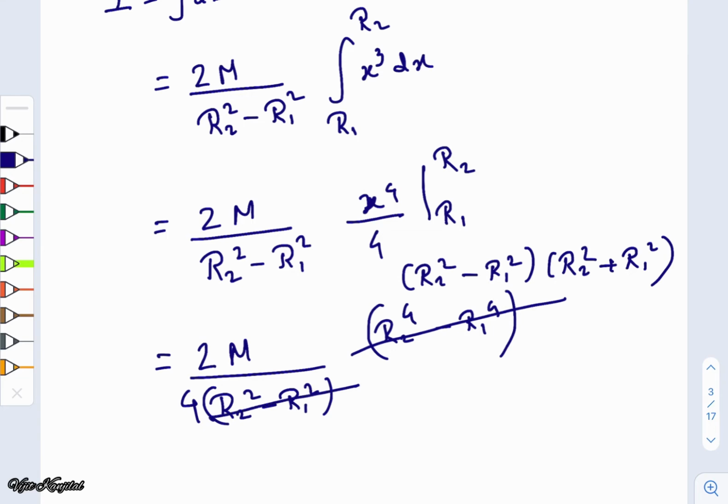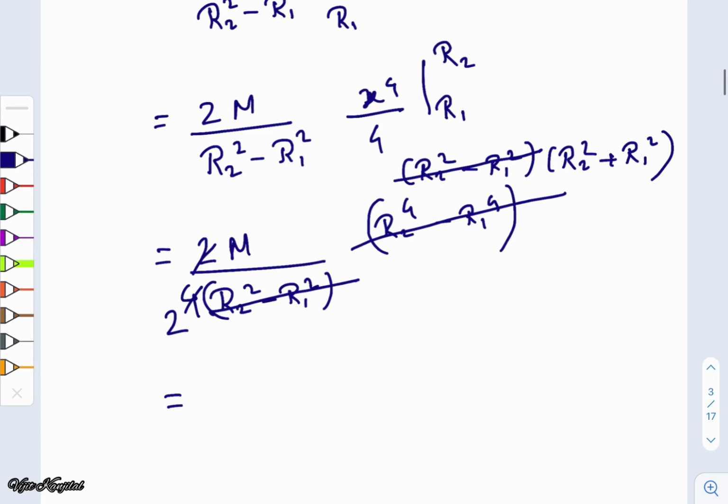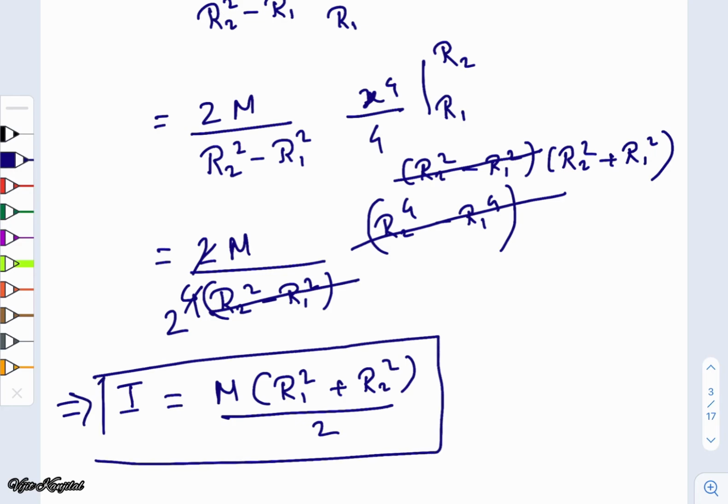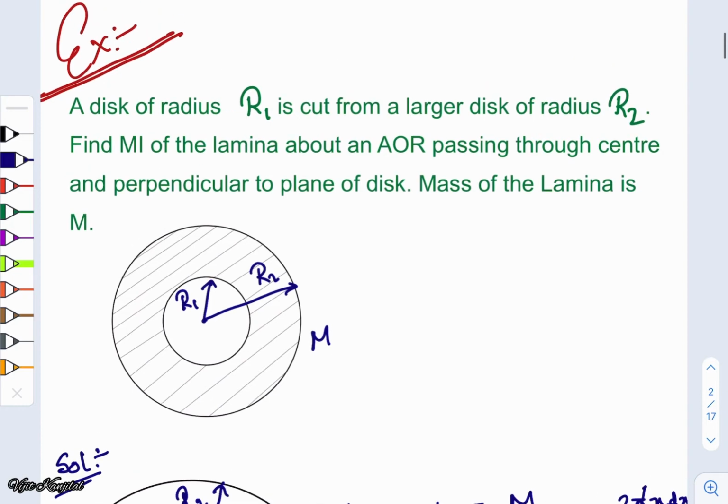So we can see that the (r2 square minus r1 square) terms get cancelled out. So what are we left with at the end of the day? We get our result as m times (r1 square plus r2 square) by 2. So this is the moment of inertia of this particular lamina that we are given in the question.